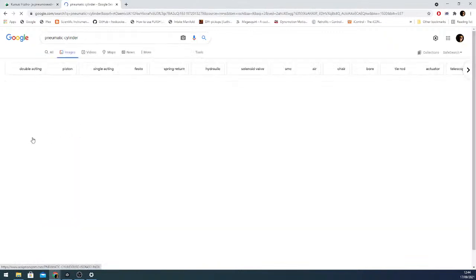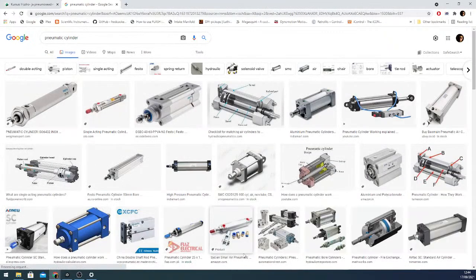The main actuators used in hydraulic and pneumatic systems usually are cylinders. There are some exceptions. In hydraulics we may use motors. In pneumatics not so much. So the cylinders usually give us linear movements. That means that we are converting the hydraulic and pneumatic energy into mechanical energy.